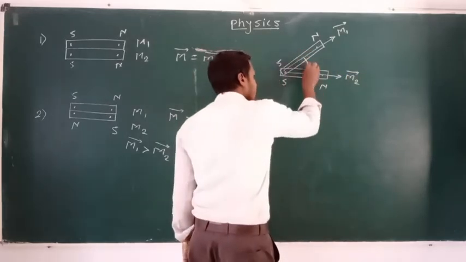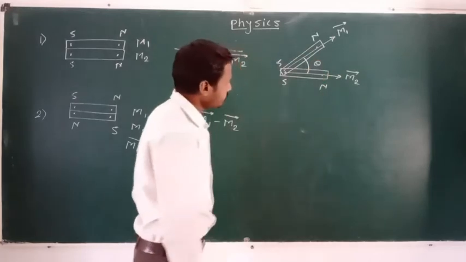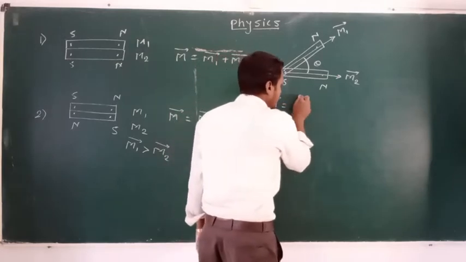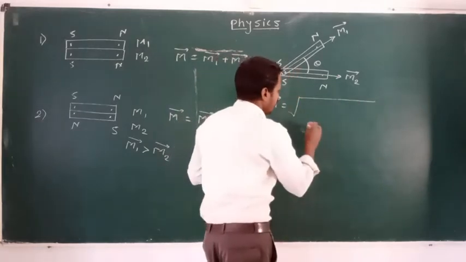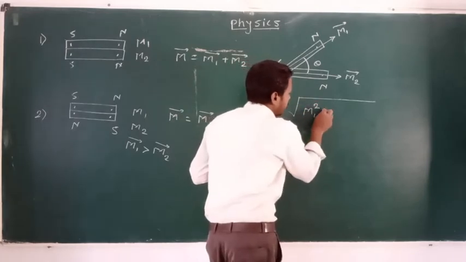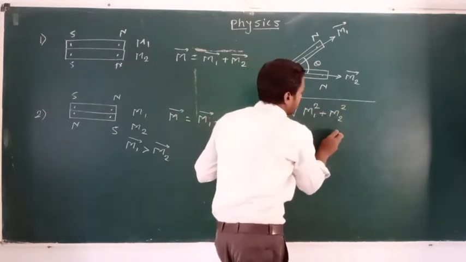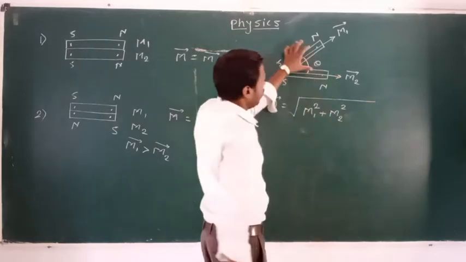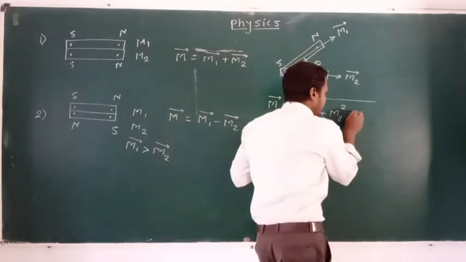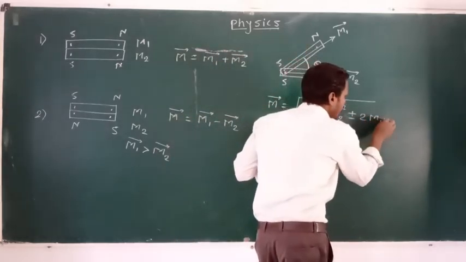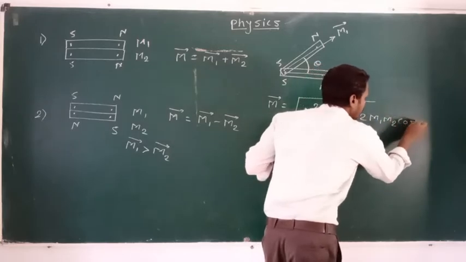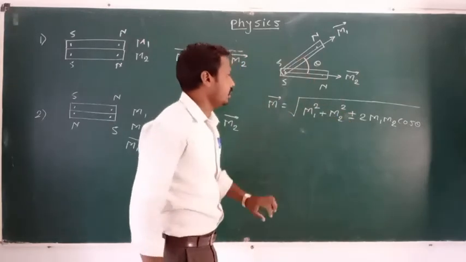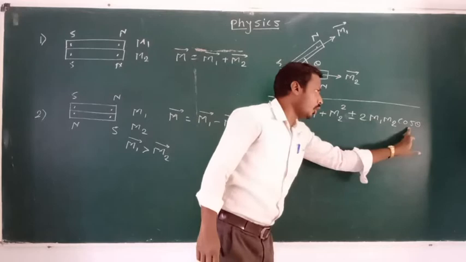Then theta is the angle between those two. Then M bar is equal to the square root of M1 square plus M2 square, plus or minus, depending upon that angle, 2 M1 M2 cos theta.